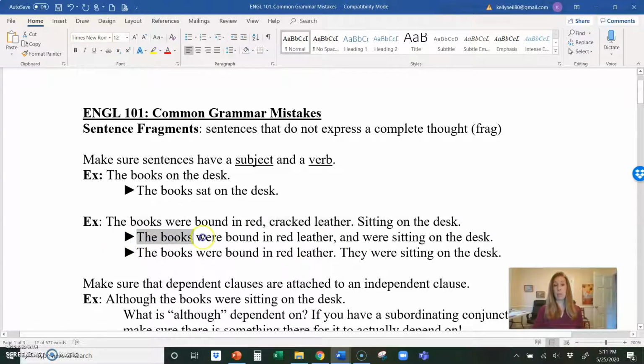I could combine them. The books were bound in red leather and were sitting on the desk. That could work. Or I could say the books were bound in red leather, and then in my second sentence, add my subject, they. They were sitting on the desk. Now I fixed the problem of that fragment, okay? So look for sentences that are missing a subject or a verb. That tells you it's a fragment and it needs fixing.